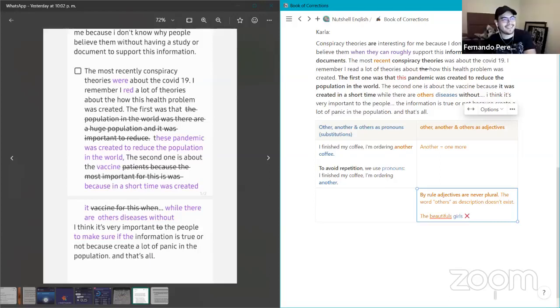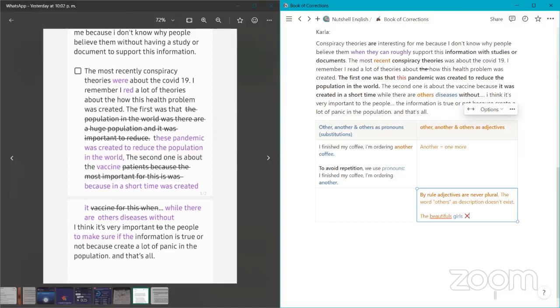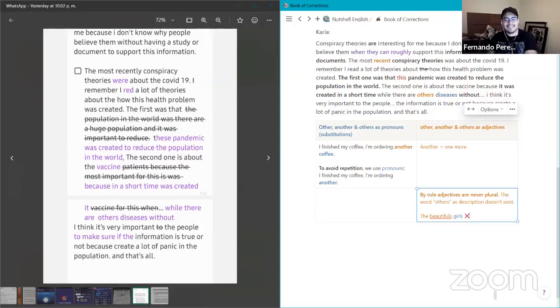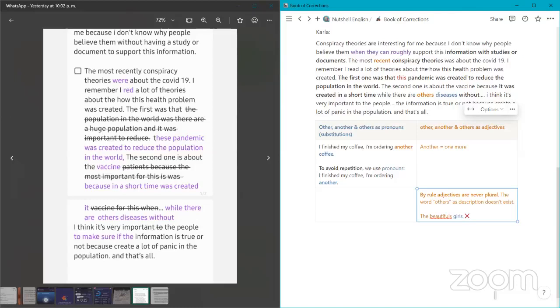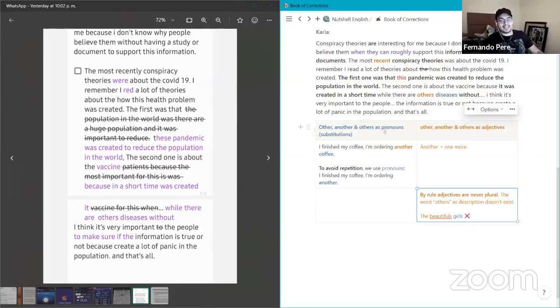You say the rule is adjectives are never plural, and others as a description doesn't exist, but in other contexts, yes, you can use others. You can use it as a pronoun, to avoid repetition.